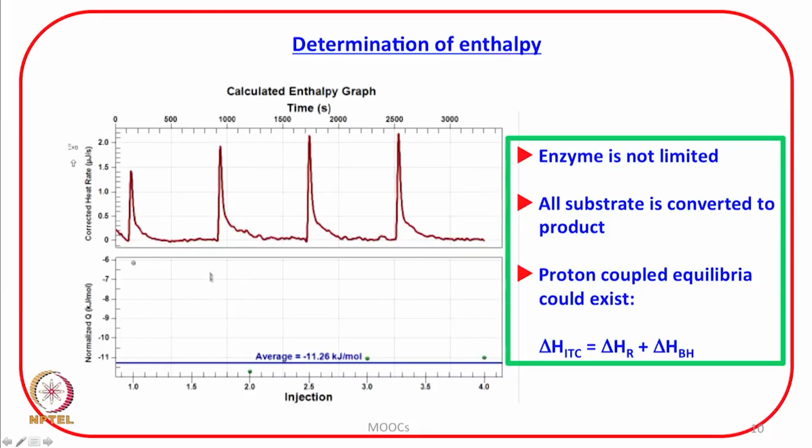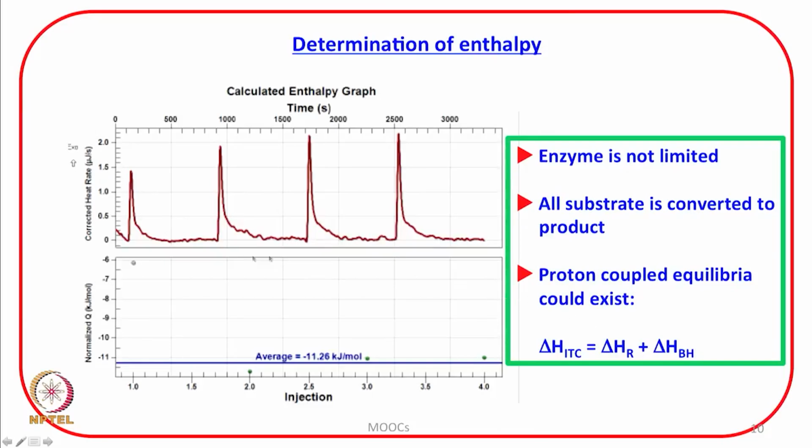So, area under the curve divided by the number of moles of the substrate added will be equal to delta H. The assumption is all substrate is converted to product, and as I discussed earlier, you have to always apply the buffer ionization effect, otherwise the result will be erroneous. So, delta H BH corresponds to n times the standard enthalpy of buffer ionization.